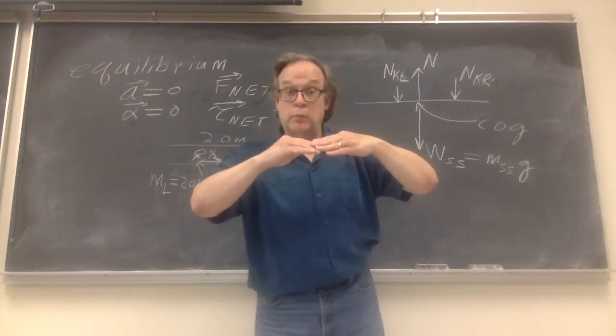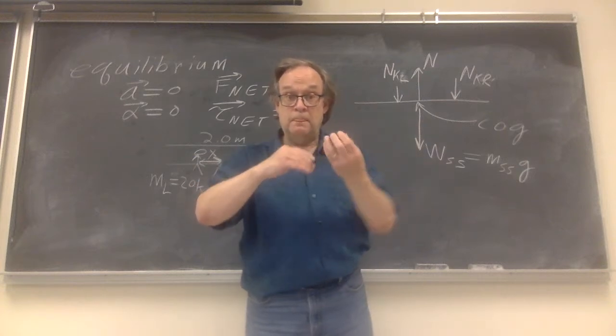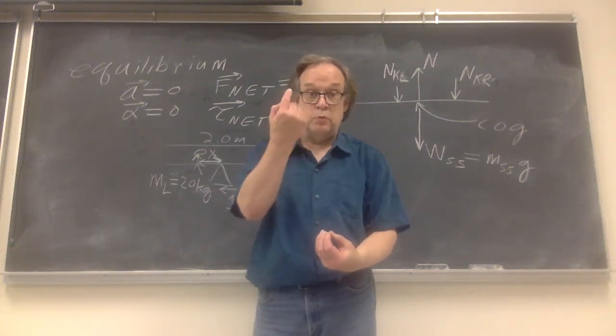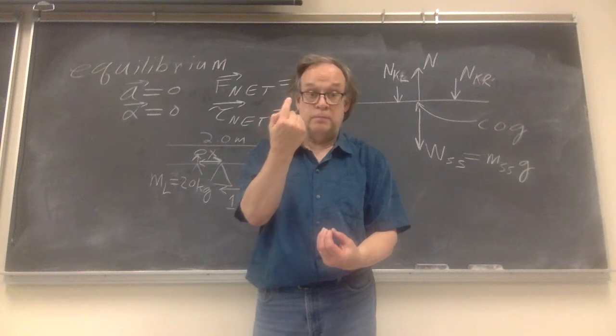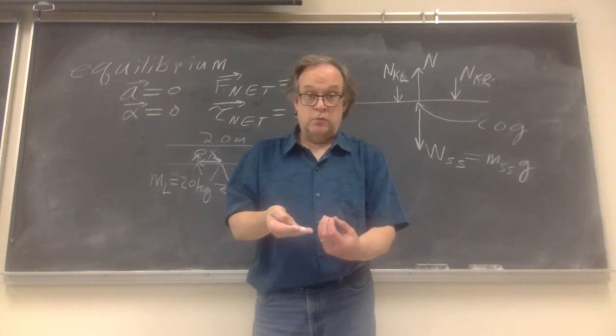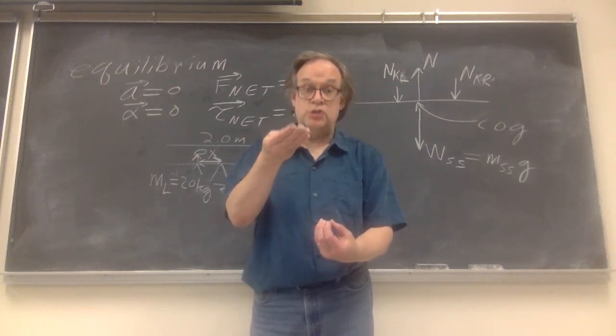The kid is in equilibrium, so the net force on the kid must be 0. So the downward force on the kid, weight, and the upward force on the kid, normal, are equally strong. So the upward normal force from the seesaw on the kid, the upward normal force that's supporting the kid, is just as strong as the kid's weight.